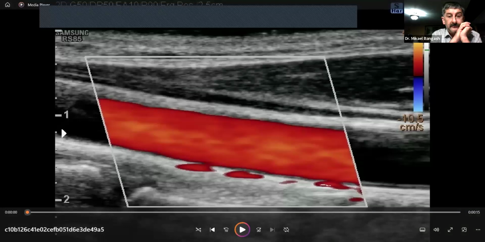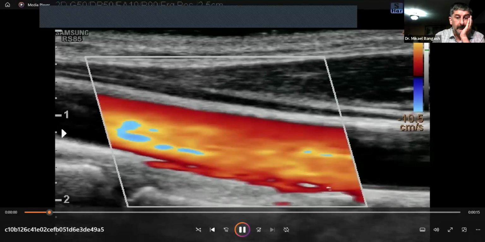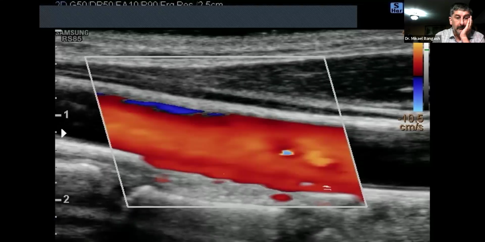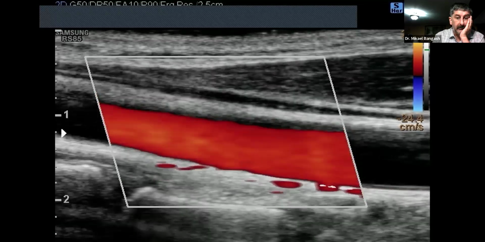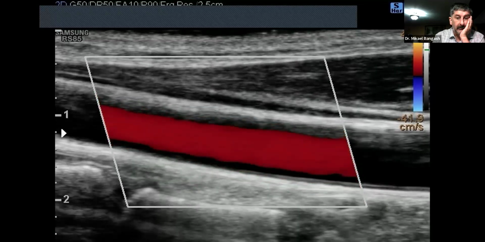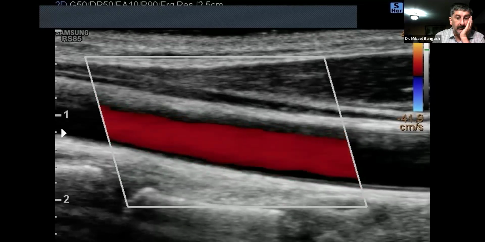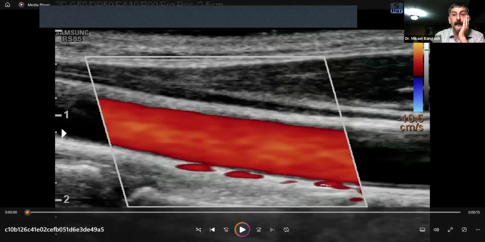Or scale increased. Play it again. And then increase the filter. Okay. So that's how Doppler may end up looking as you are recording it.